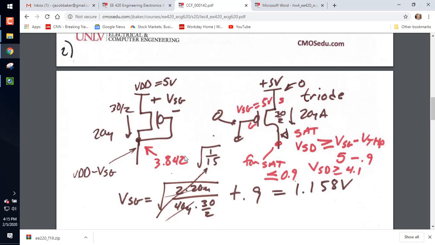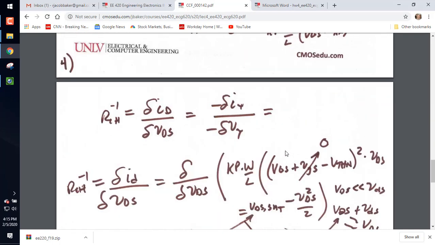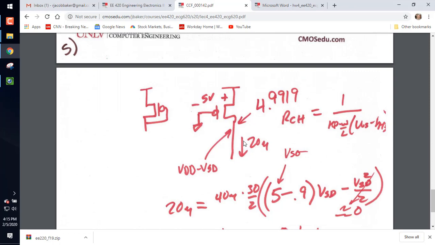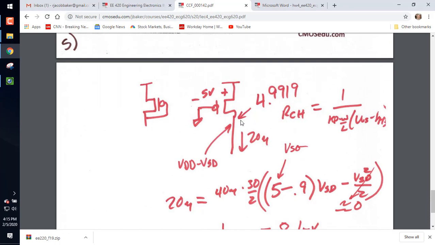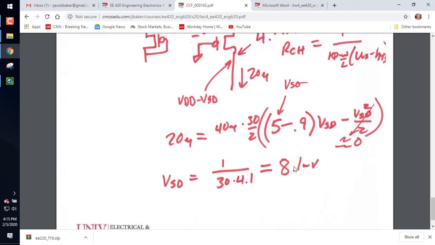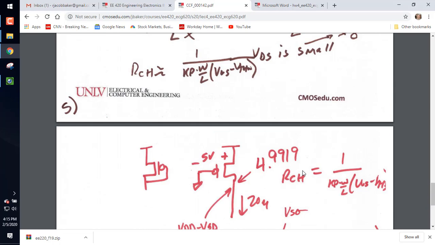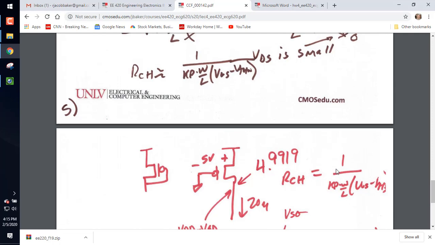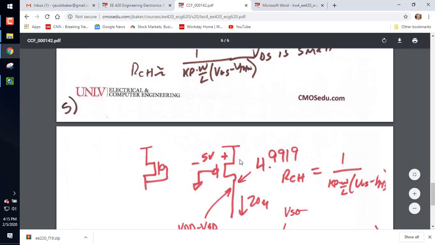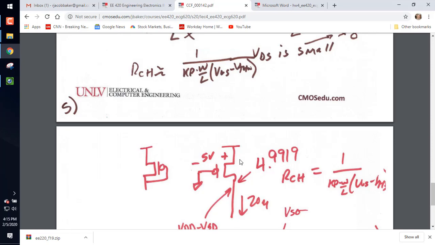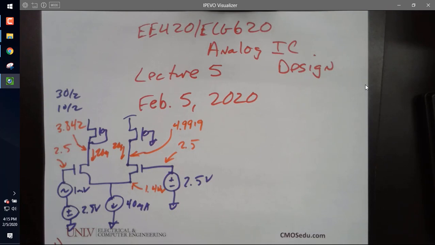And this voltage here, here's VSD 8.1. You know this is in the book too, right? So this voltage here is 4.9919. Any questions about that?